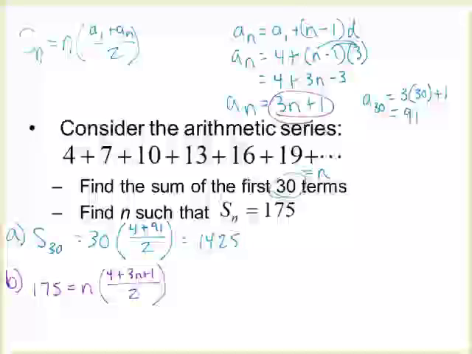Okay, to solve, I want to get rid of the fraction, so I'm going to multiply both sides by 2. So it gives me 350 equals n times, and on the top I'm going to combine the like terms to make it 3n plus 4. No, sorry, plus 5. I didn't actually combine them.